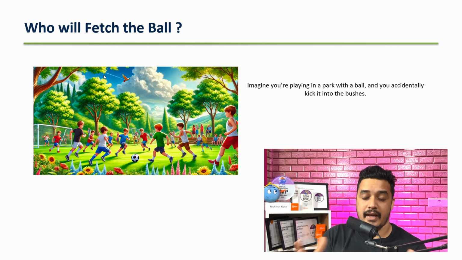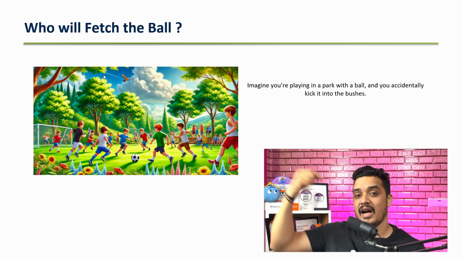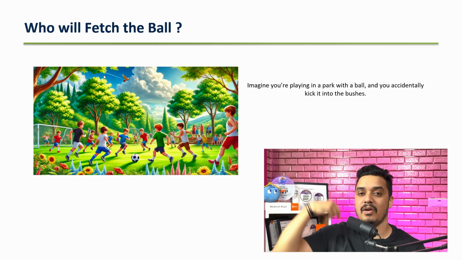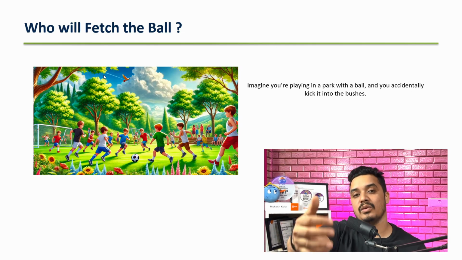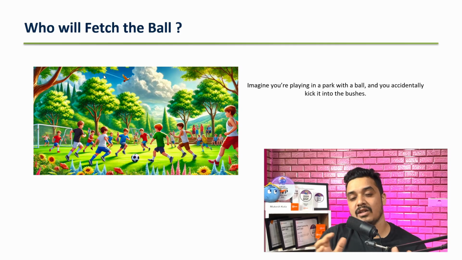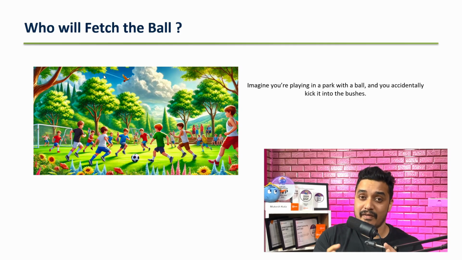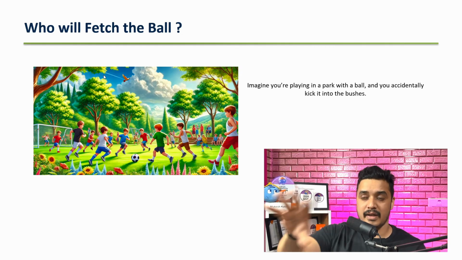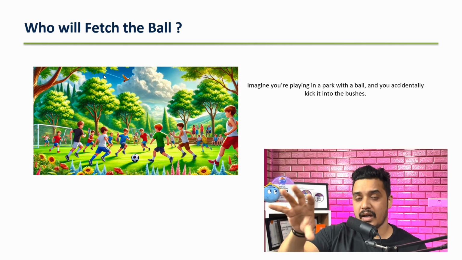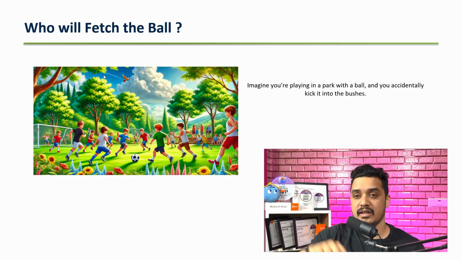As a team of kids, you might have created some rules, like if I push the ball into the bushes, I am the one who is going to take it, or the person who is nearest to that place is going to pick the ball. So as a group of students or as a company, you have created some rules to tackle that situation. But again, how can I put agentic AI in this situation?